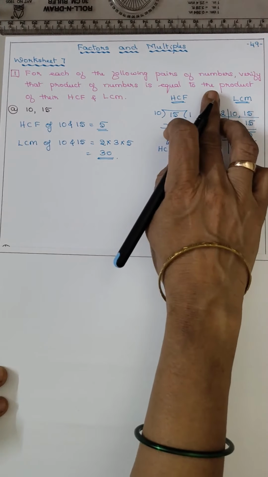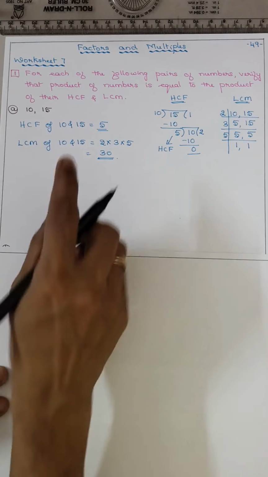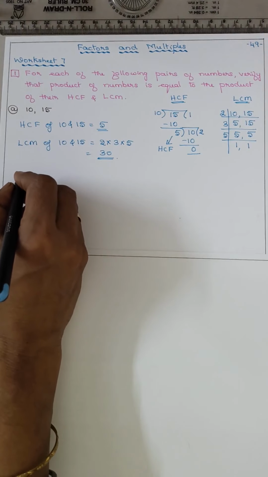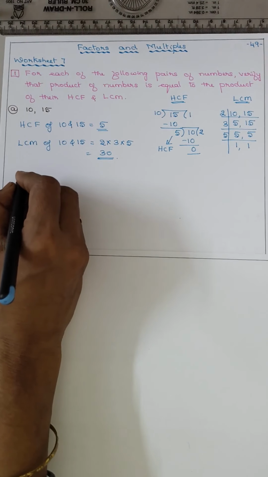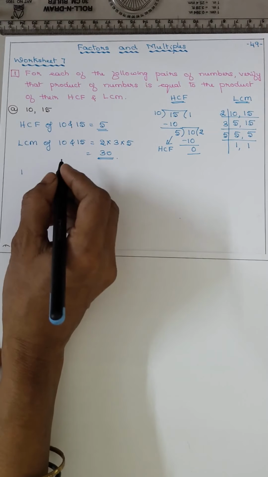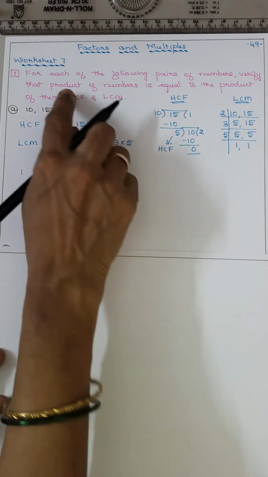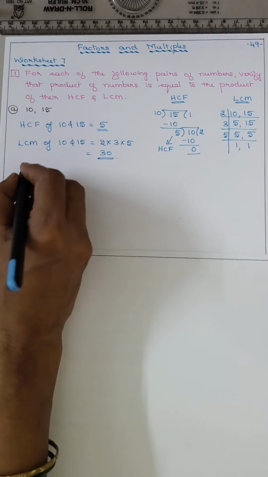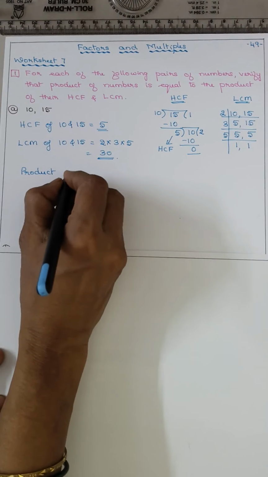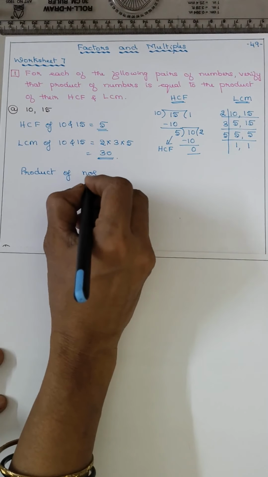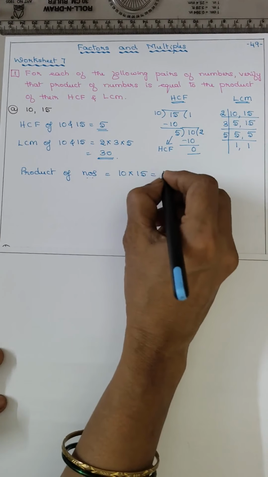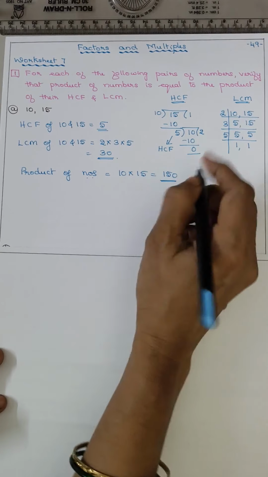Now use the property. You have to verify the property. What is the property? The HCF into LCM is equal to the product of the two numbers. Product of the numbers is equal to 10 into 15. 15 tens are 150.